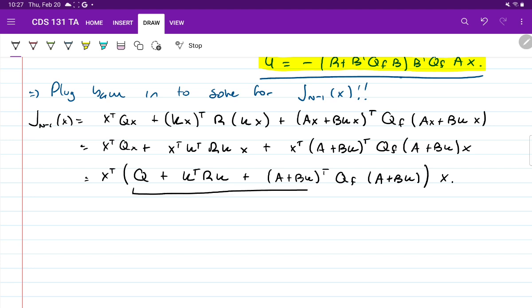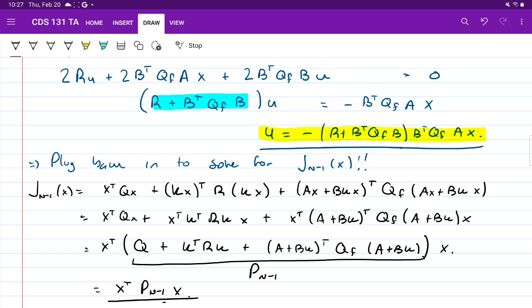So interestingly, if I just call all of this some big matrix P at time n minus 1, I'll find that my optimal cost to go at time n minus 1 is actually a quadratic form, right? So I have an x transpose P n minus 1 times x. Okay, so this is all very interesting, right?